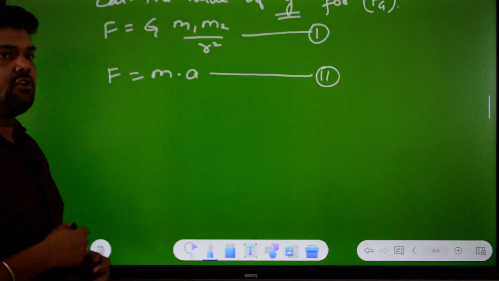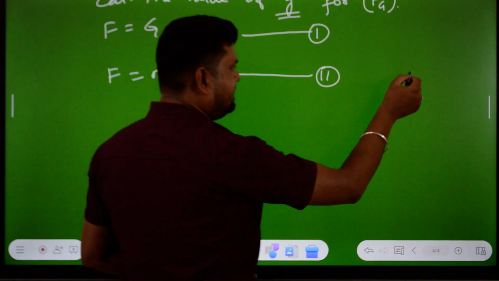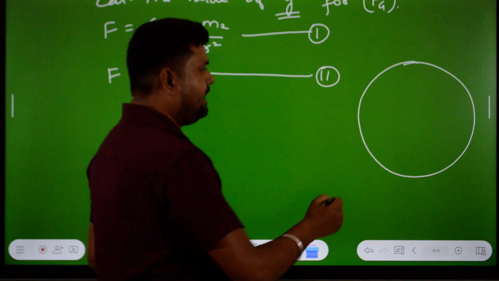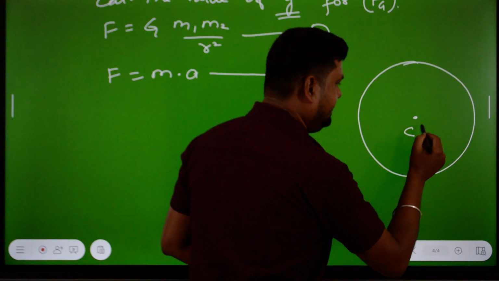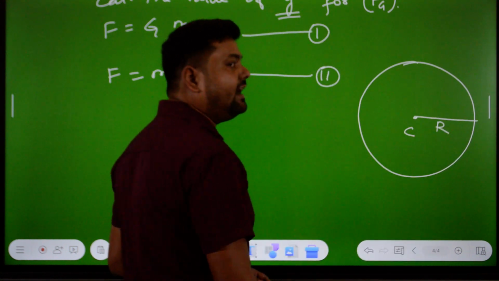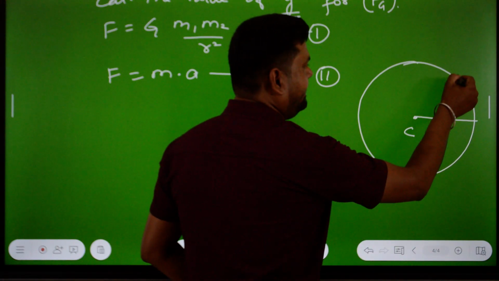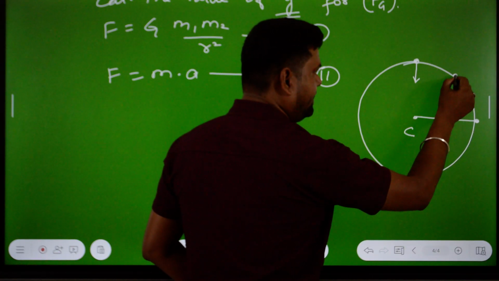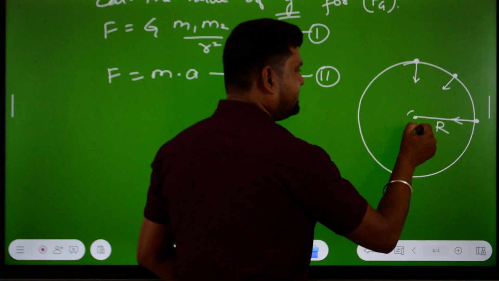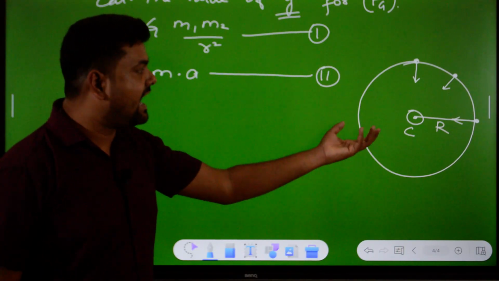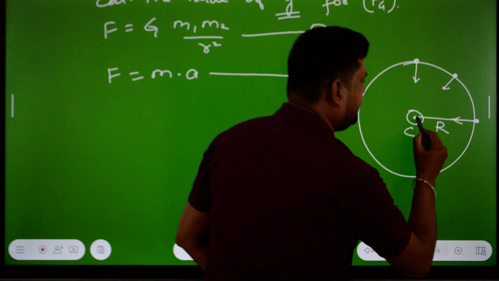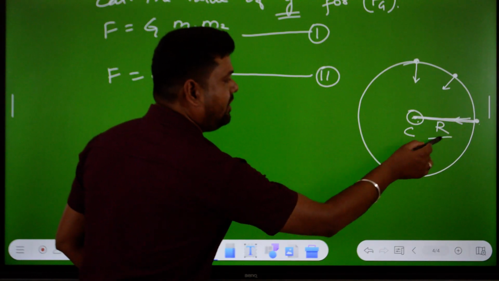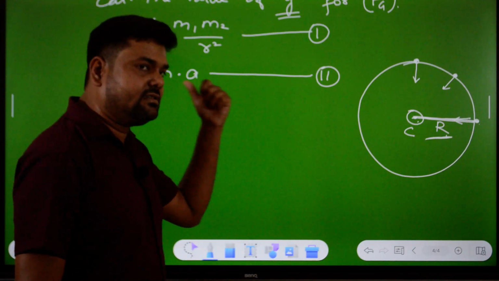But in our case, as we are talking about acceleration due to gravity, this is the earth, and we'll try to substitute the values here. If this is the earth, this is the center of the earth C, and this part is the radius of the earth R. If you are standing at any of these locations, the object will be pulled towards the center of the earth. So the distance between mass number 1 and mass number 2 is nothing but the radius of that particular planet, in our case earth.